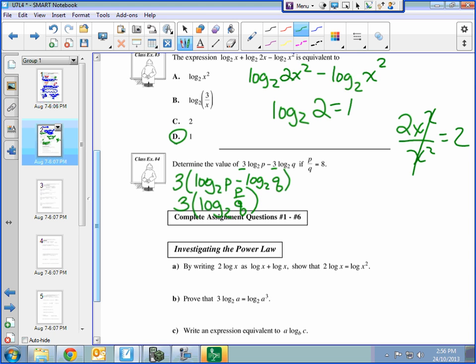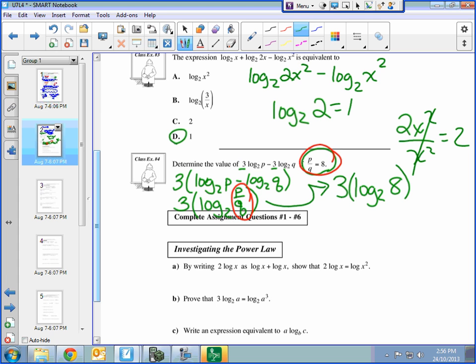Okay. If they give you p divided by q is equal to 8, we could put 8 into here. So this is 3 times log of 8 base 2. How's that step? All I'm doing is substituting p divided by q equals 8.